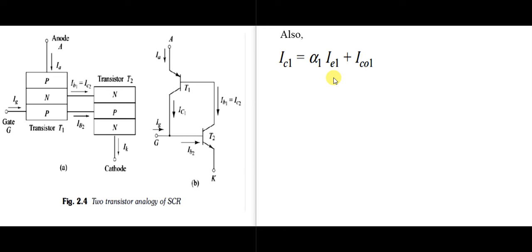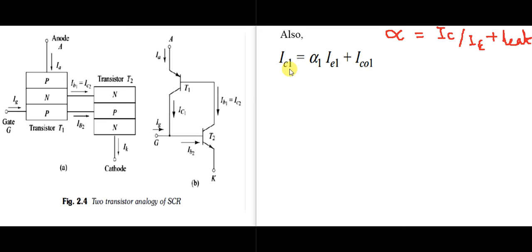So here alpha is the current gain for transistor T1. It is equal to output current upon input current. Output current is the collector current, and the input is the emitter current plus some leakage current. Here the leakage current is represented by ICO1. If you simplify this equation, it will come to this.